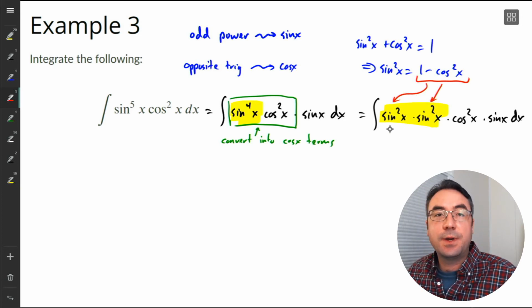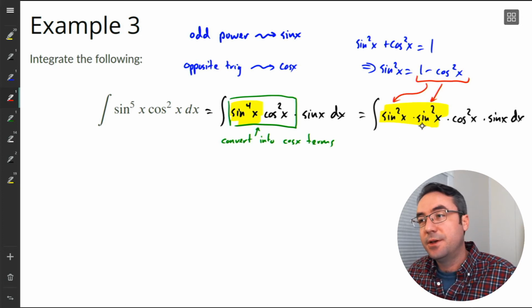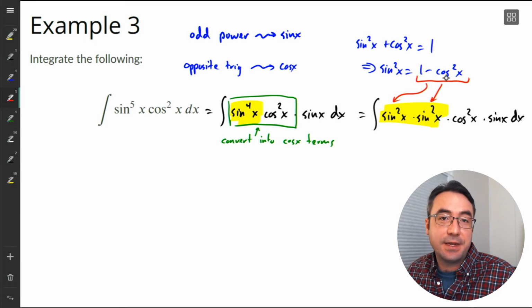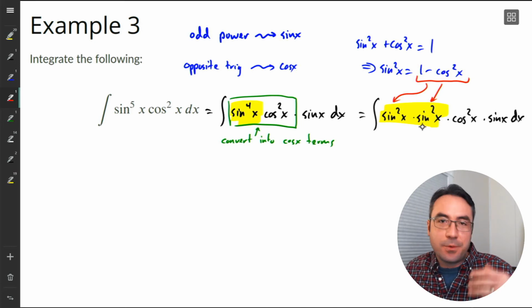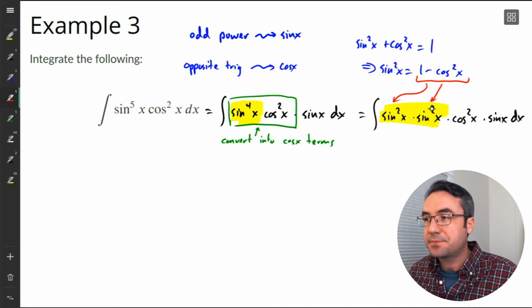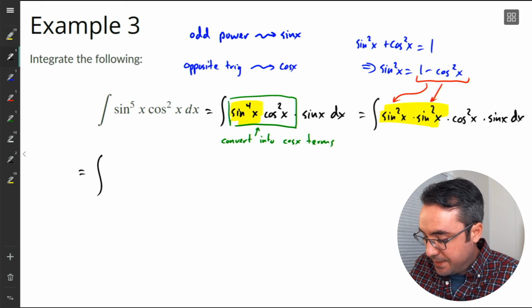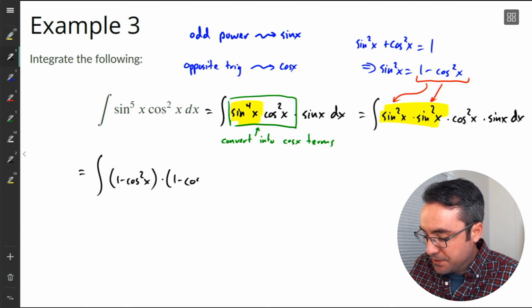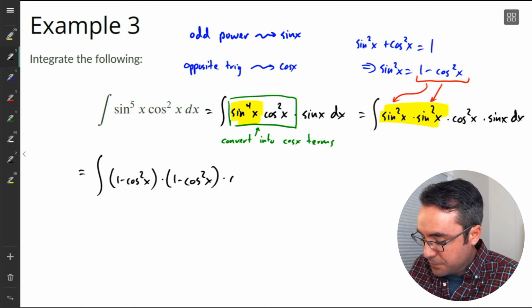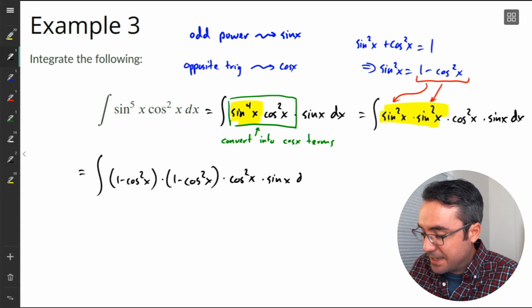We know sine squared is 1 minus cosine squared, and this sine squared is also 1 minus cosine squared. If there were more, we would just keep going. In this case, we only need to do those 2. So we get the integral of 1 minus cosine squared times 1 minus cosine squared times cosine squared times sine of x dx.